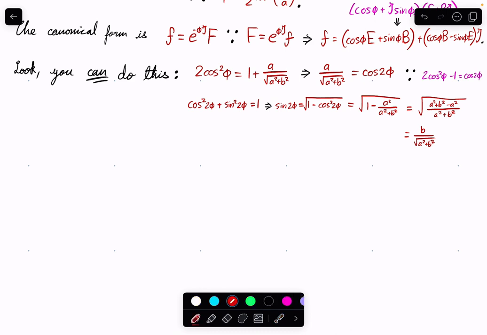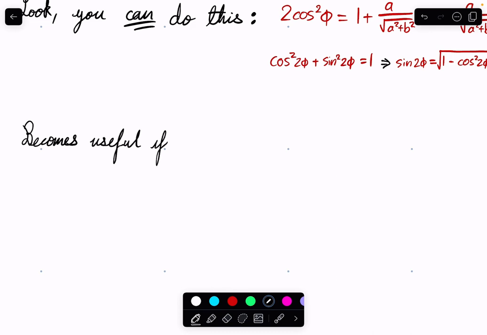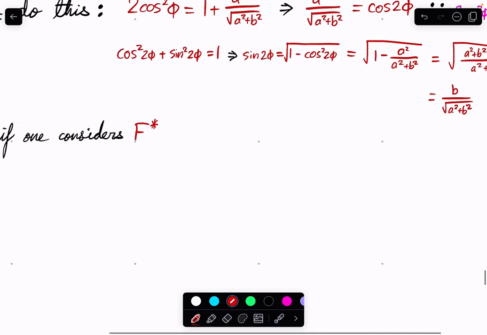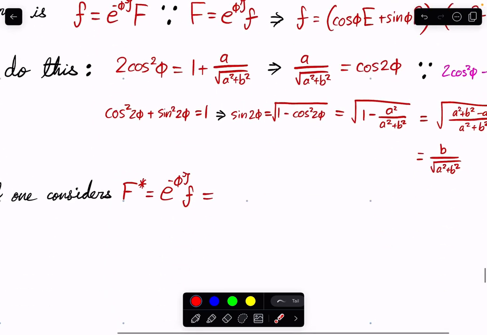And this becomes useful if one considers the complex conjugate of f, which should be e to the negative phi I, this canonical form, but you can replace the canonical form, this little f, because it's equal to this up here.